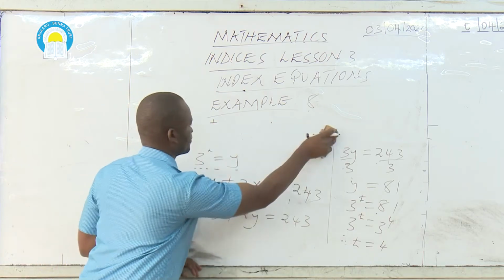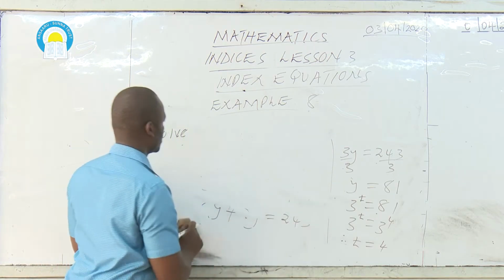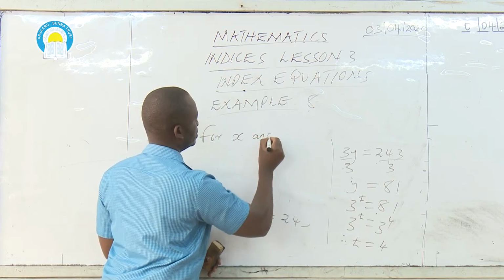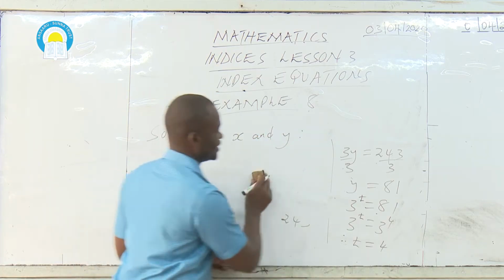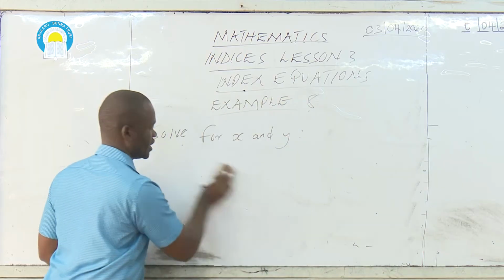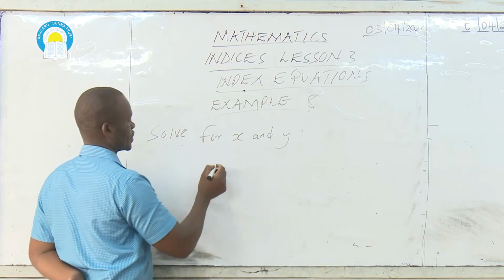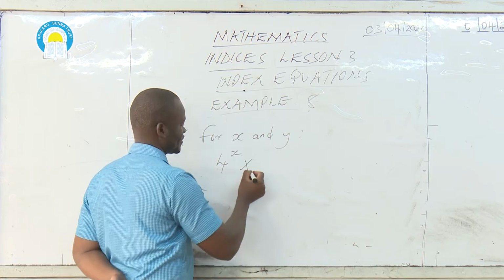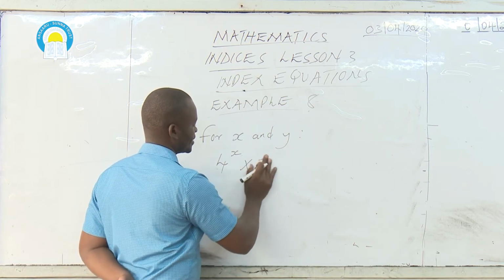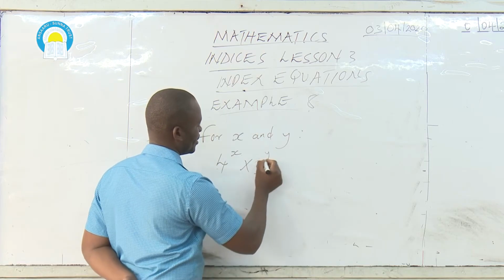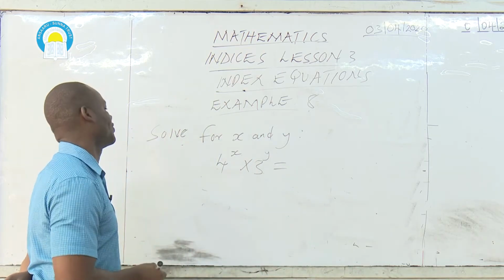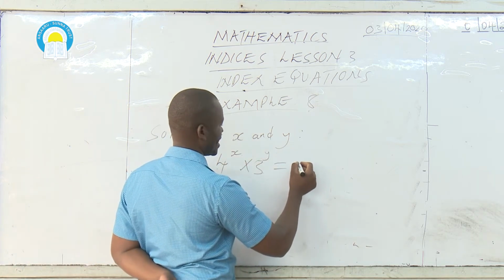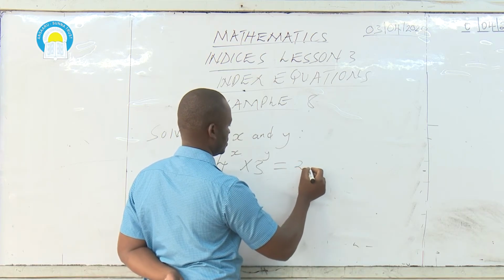Solve for x and y. Of course, the equation is 4 power x times 3 power y is equal to 24.